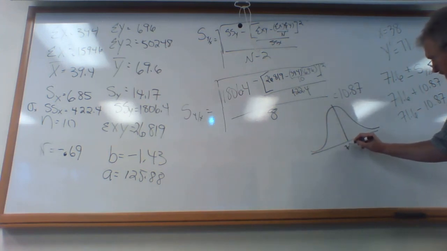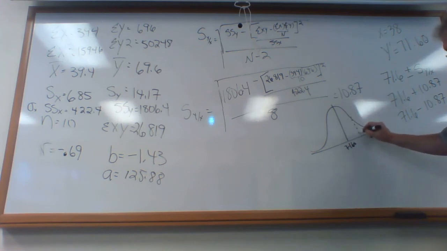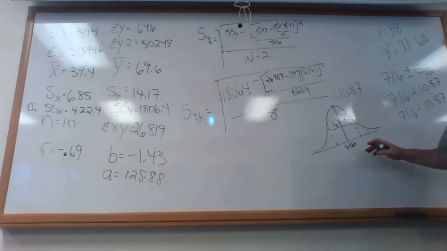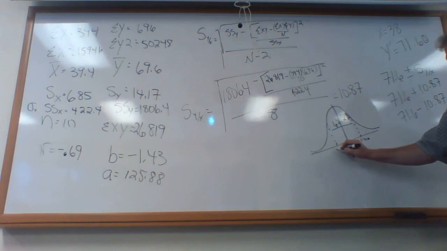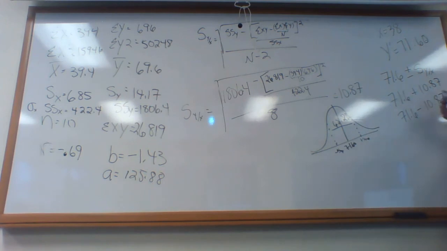It says if I predict 71.60, then I know that 68.26 percent of scores would fall between one standard error above and one standard error below. So somewhere between 82.47 and 60.79.